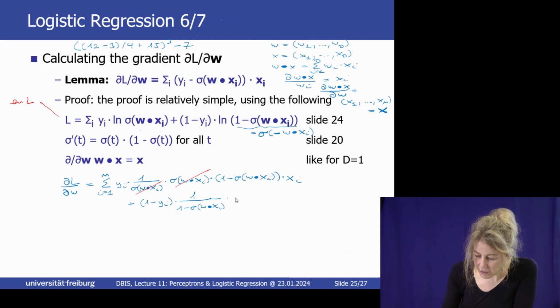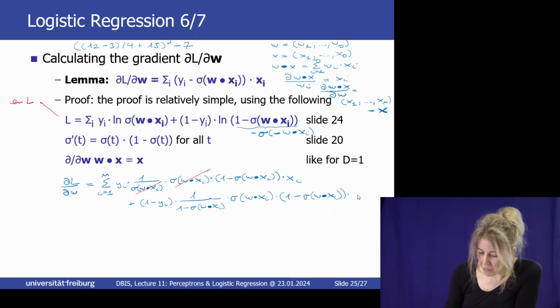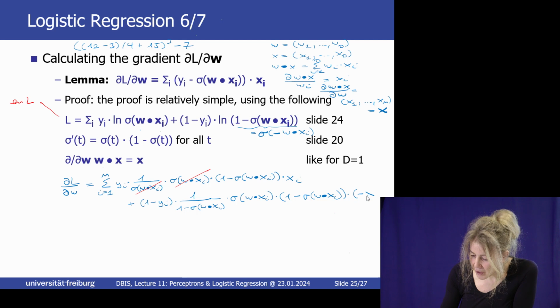Now we have sigma of, oh, now I have a lot of minuses. Sigma of minus w xi times 1 minus sigma of, oh, now I lost track of the minuses, times, okay, I think I have a minus here now, minus xi.